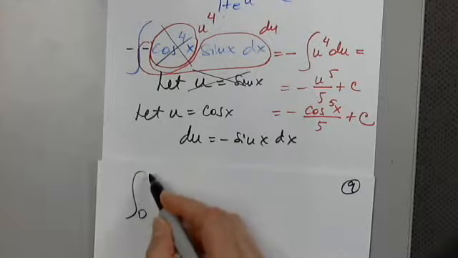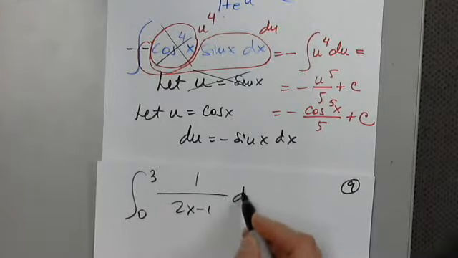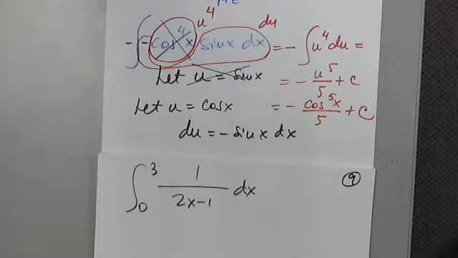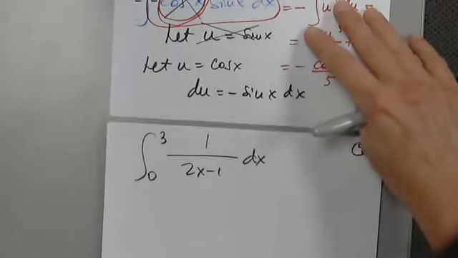The integral from 0 to 3 of 1 over 2x minus 1 dx.